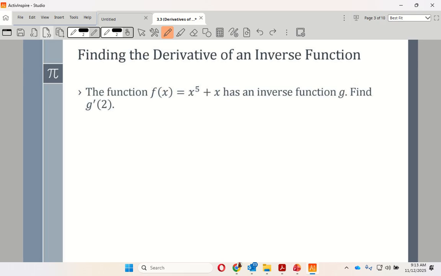So, if your function is this and has an inverse function g, find g prime of 2. Okay, so let's start with f prime. So f prime of x is equal to 5x to the 4th plus 1.